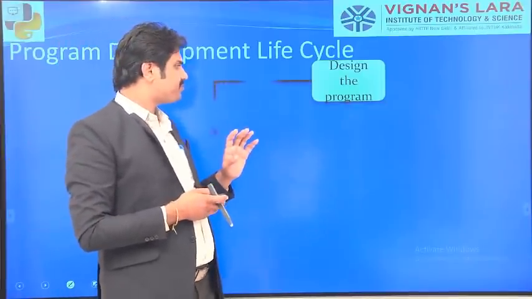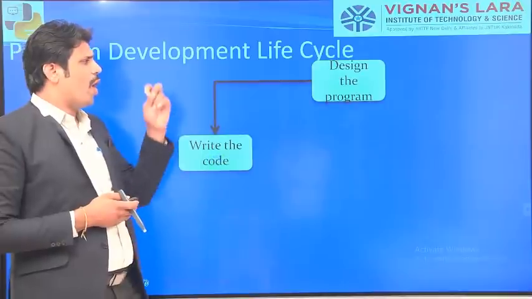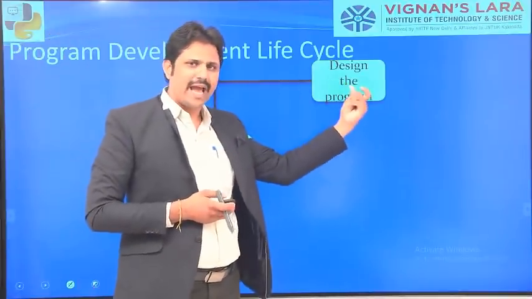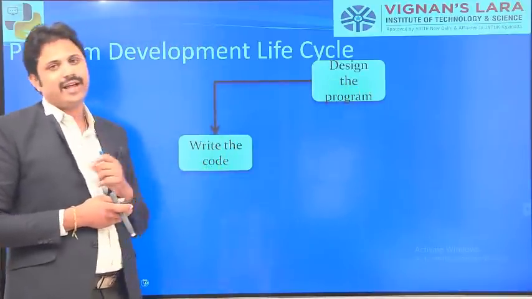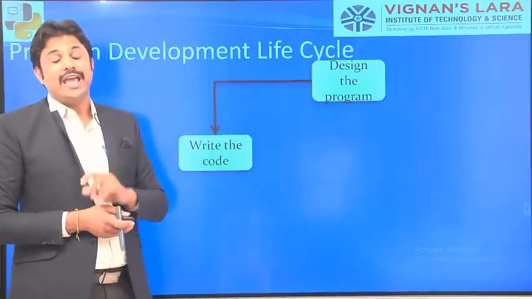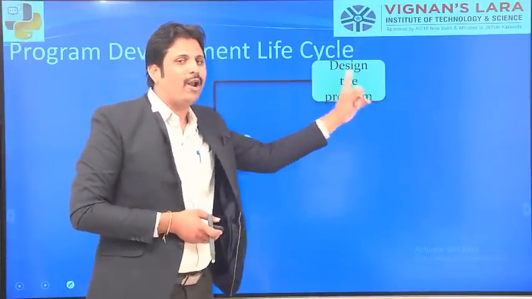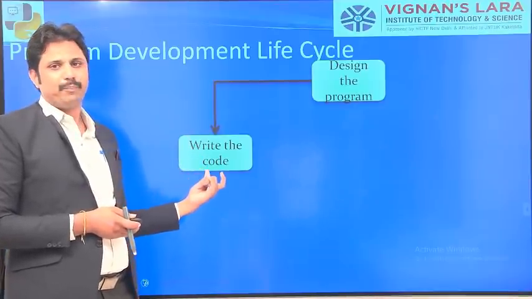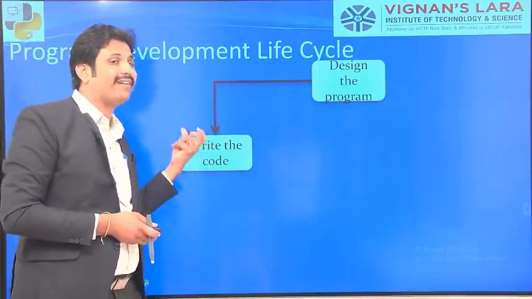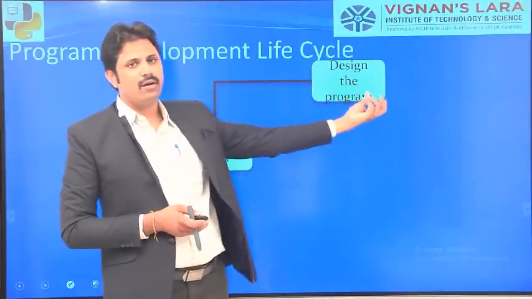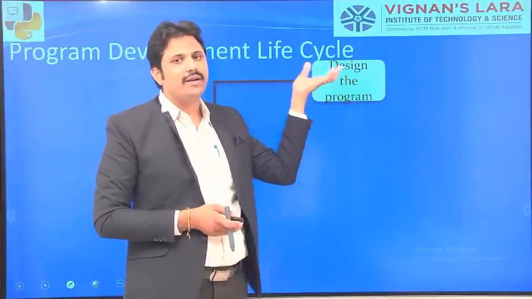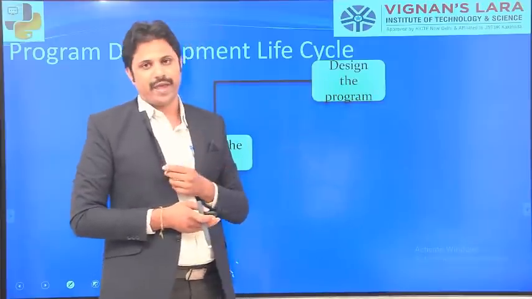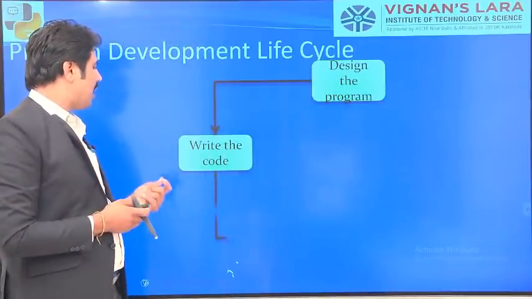Next, after design, whatever you designed, you have to write the code for that particular design. If the design is good, then only your code is good. So before you write the code, you must design in a good way. This is the best thing.